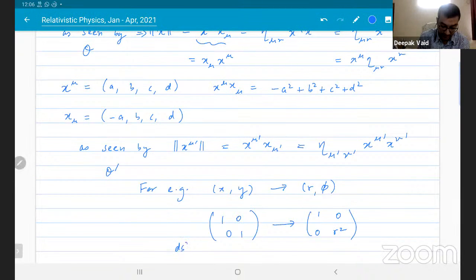So here your metric ds squared is written as dx squared plus dy squared. And here it becomes dr squared plus r squared d phi squared. So your expectation would be correct that this metric should change in some way. The question is, how should it change?